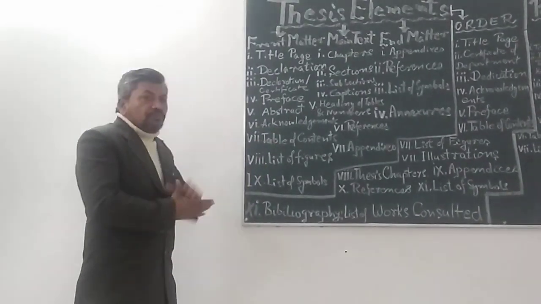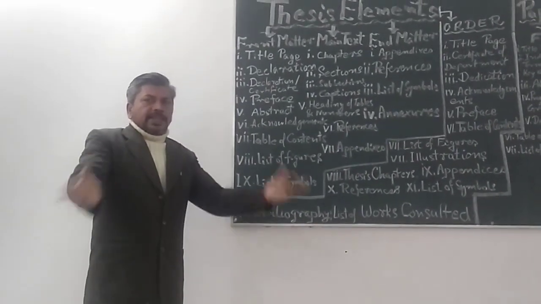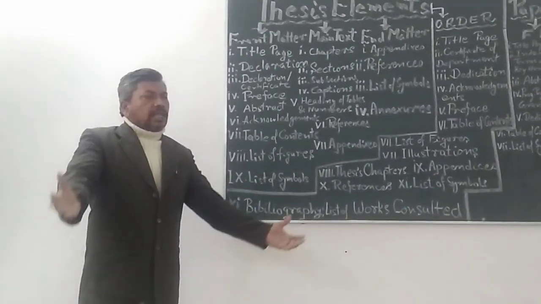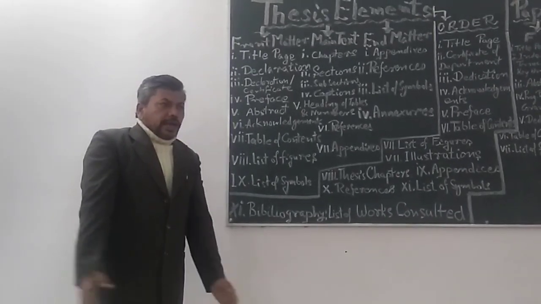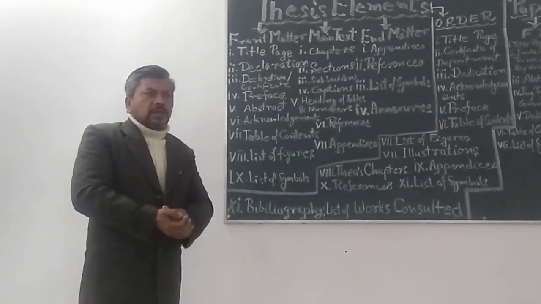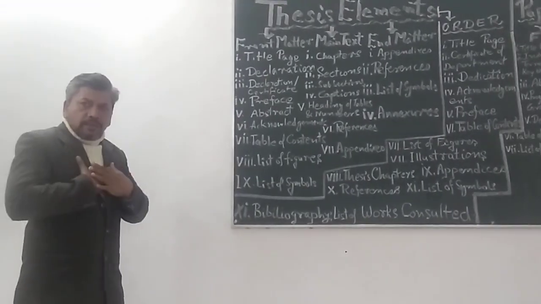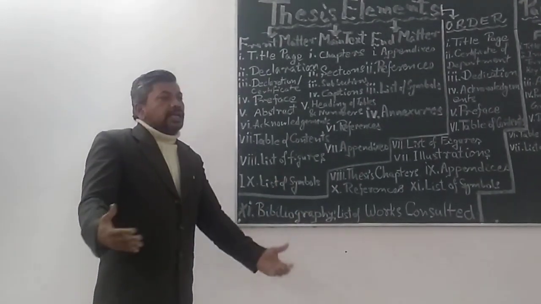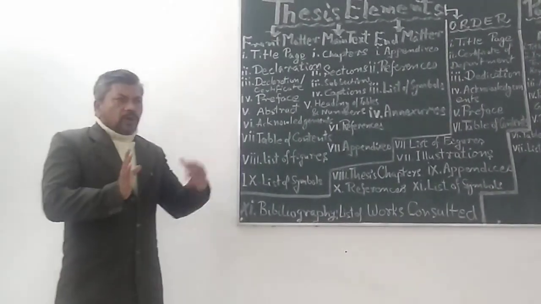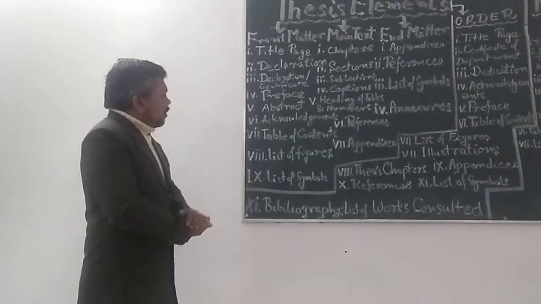Then there come acknowledgements. What is an acknowledgement? We as human beings or as researchers take support and help from a lot of sources. So it is our high and prime duty to acknowledge the sources, to be thankful, and say that I am thankful to the source from where I got some help, maybe in the form of academics, or in the form of data collection, compilation, processing, or even sometimes in the form of reaction.